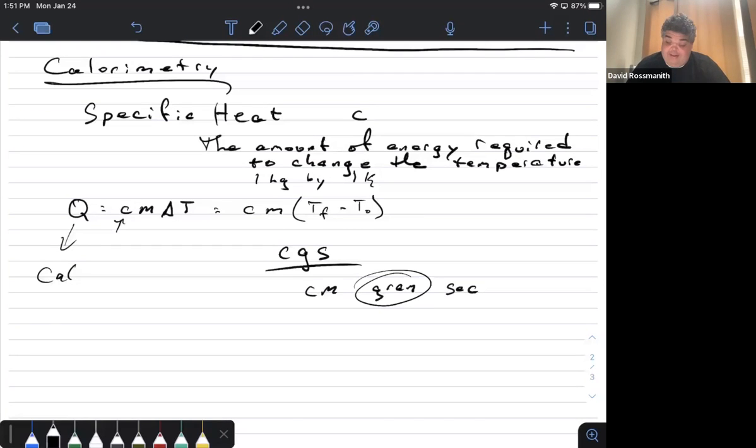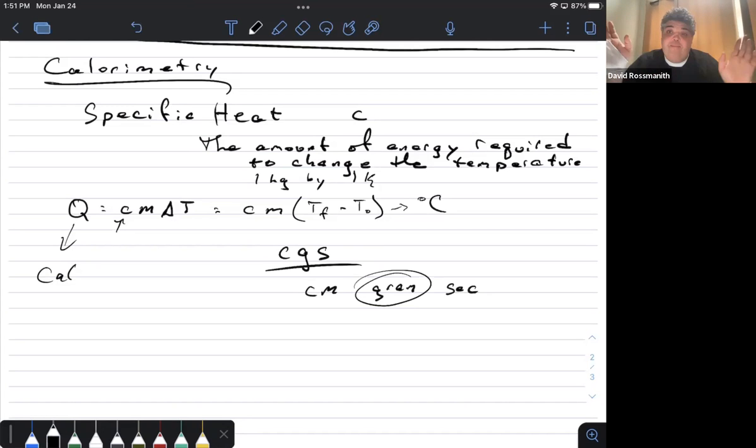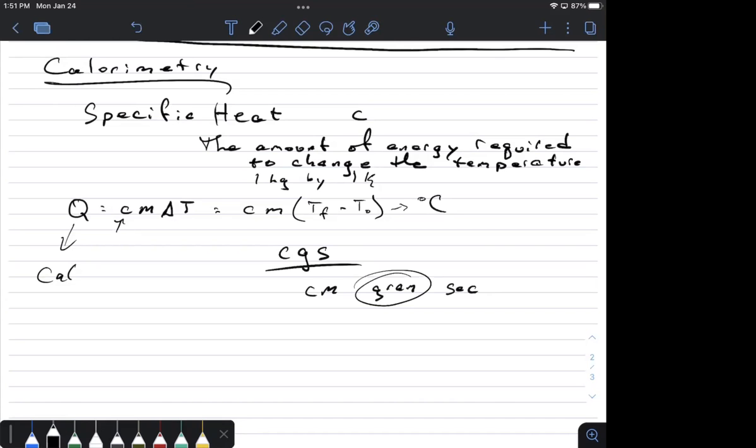And the temperature would be in degrees Celsius. So depending on what field you go into, you're going to be using different units. And that's how we're learning it now in general chemistry too. Yeah, it's exactly the same.